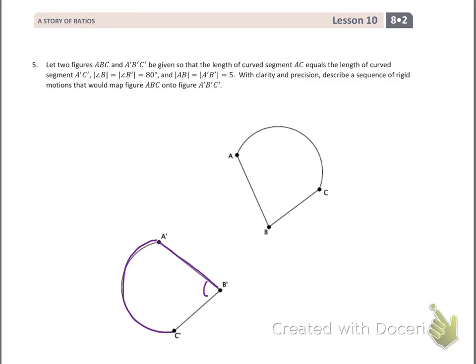I would start with a translation to map point B to point B prime. So there's my vector. So I'm going to first translate along vector B, B prime.